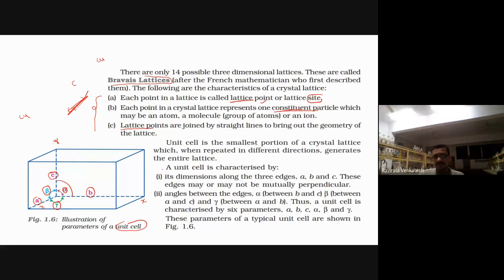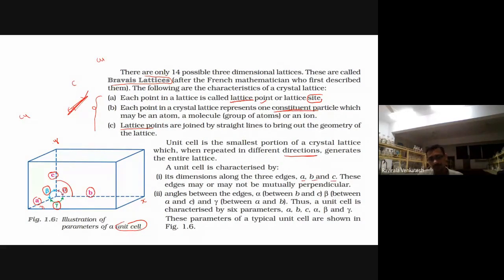A unit cell is characterized by direction, because of the directions you have taken: the x, y and z axes. It has dimensions along three edges, A, B, C. These edges may or may not be mutually perpendicular.